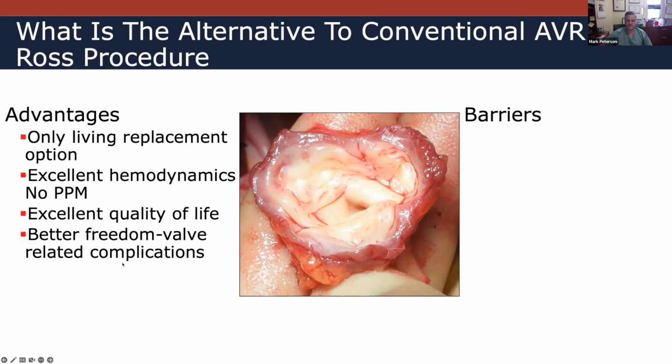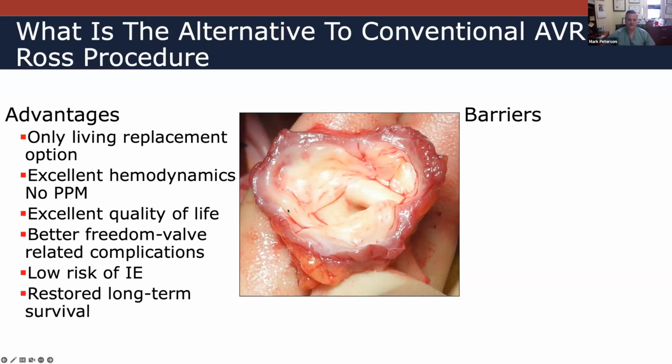There's better freedom from valve-related complications, and a low risk of endocarditis on the pulmonary autograft or the neo-aortic valve. There is a risk of endocarditis with the pulmonary homograft, and as such, we do recommend lifelong prophylaxis with antibiotics for dental procedures. And there's restored long-term survival, as I've just shown you.